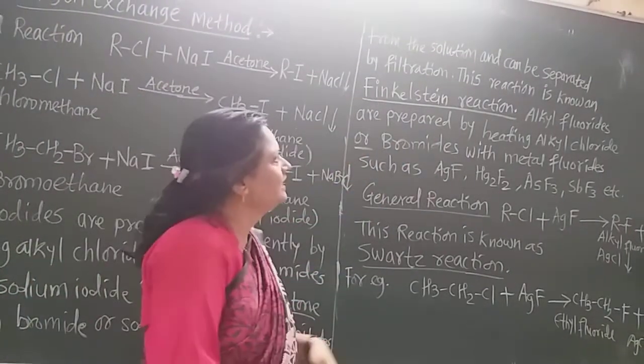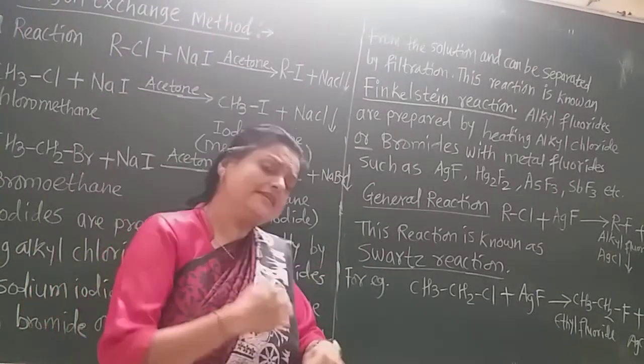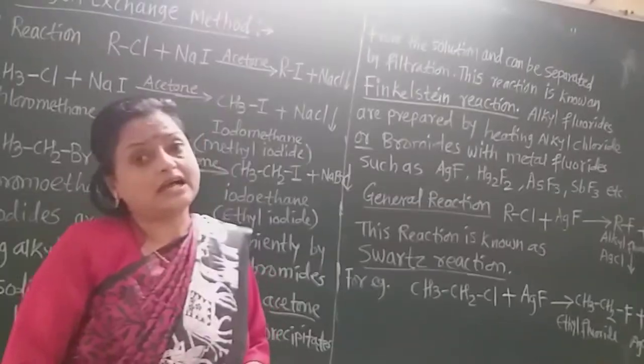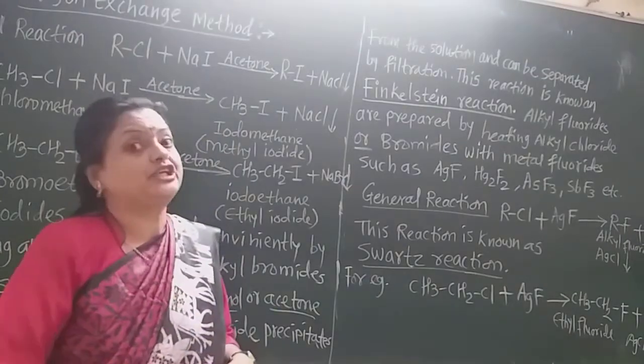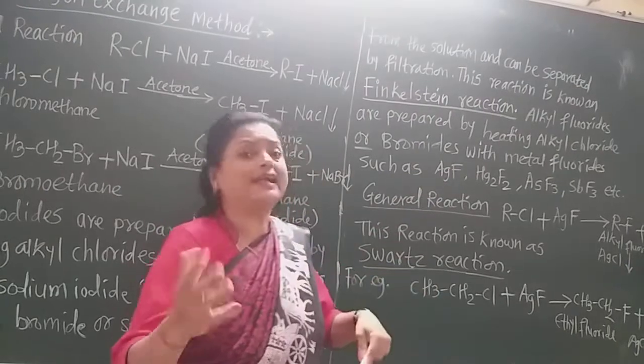See the spelling of the reaction, that is very important. Now the next is the Swarts reaction, or Swarts process, which I am now going to teach you. Alkyl fluorides, especially formed in the Swarts reaction, are prepared by heating alkyl chlorides or alkyl bromides.